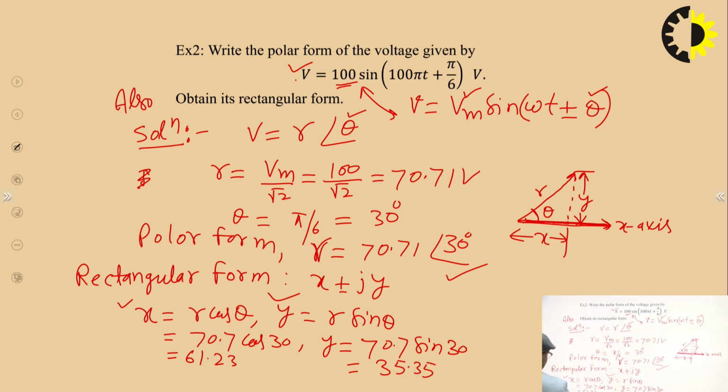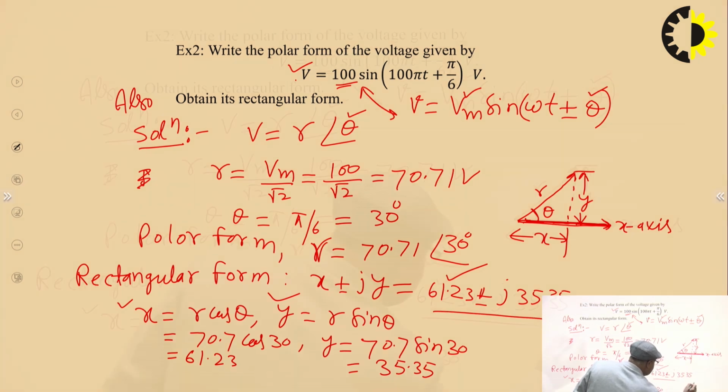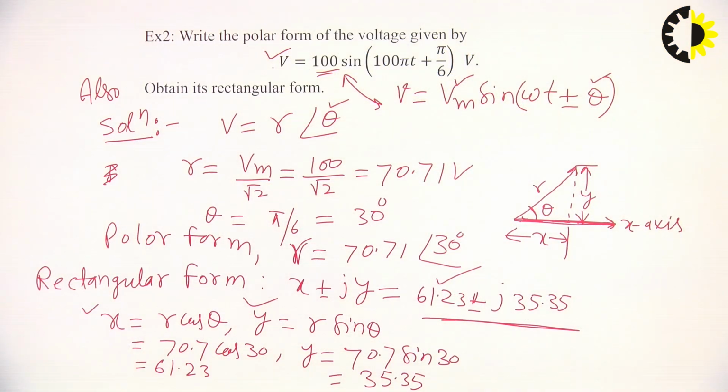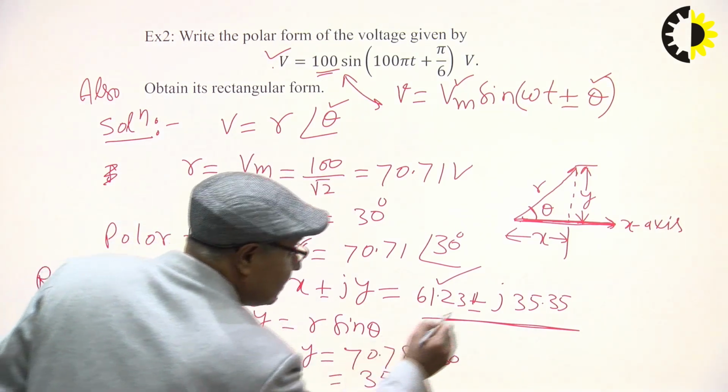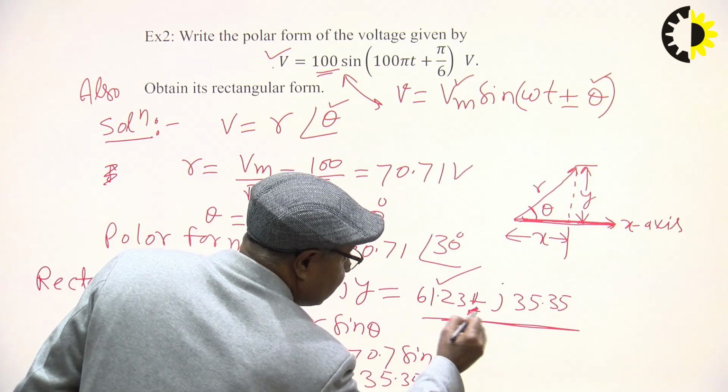Hence our AC quantity in rectangular form is x plus minus j y, that is 61.23 plus minus j 35.35. Since y is positive, the negative sign is not needed.